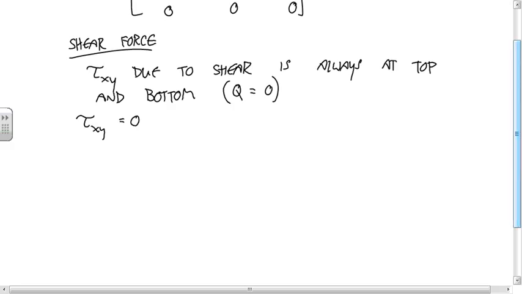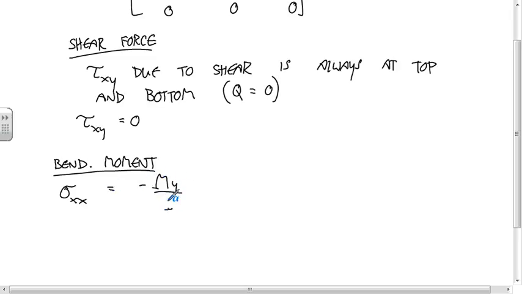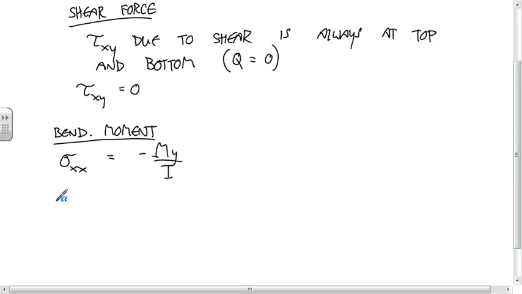Okay, so we know that it's going to be a compressive or tensile stress, and it's equal to negative My over I. So let's calculate that I. So I is equal to the cross section's base times height to the third over 12.